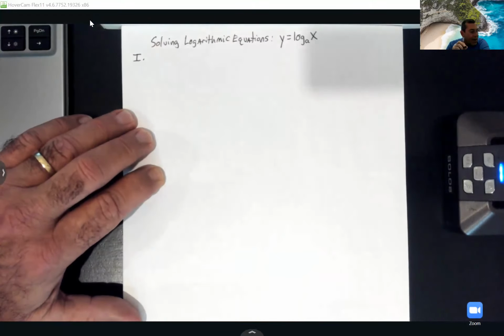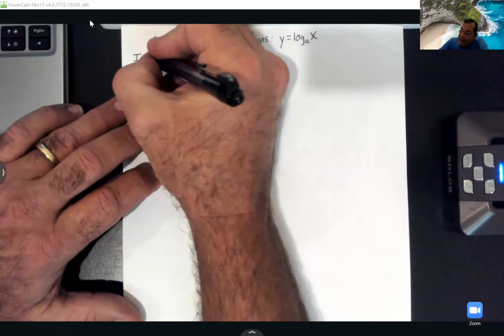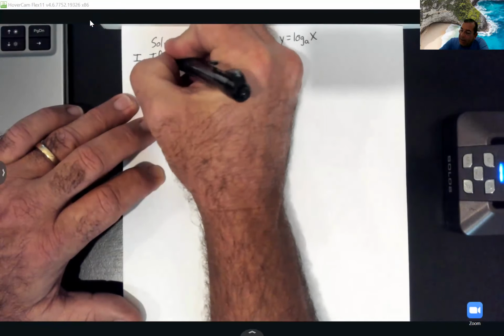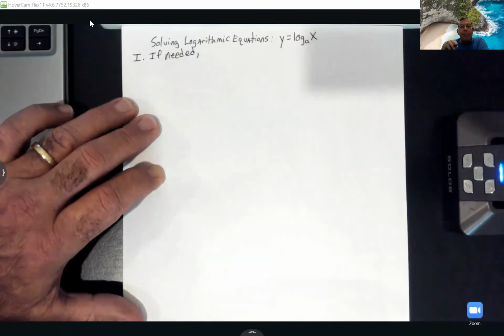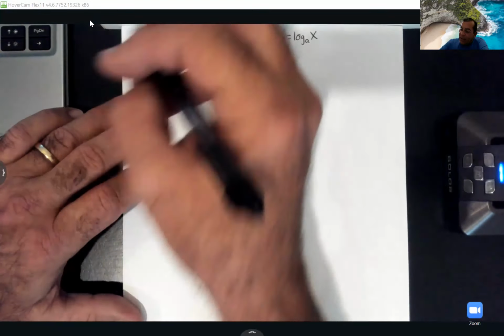So the first thing you got to do, if needed, combine logs on either side of the equation.